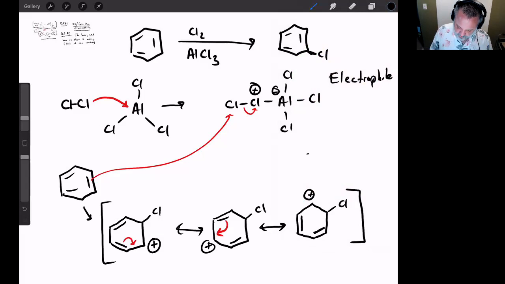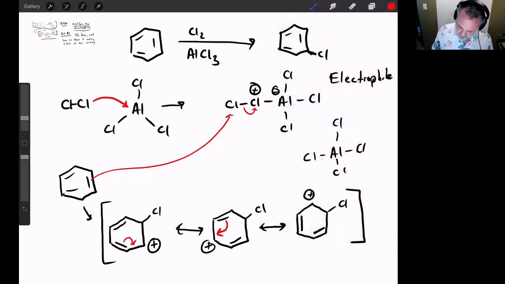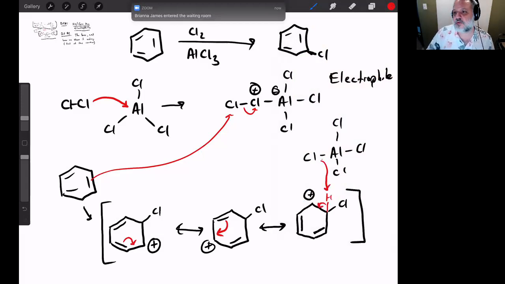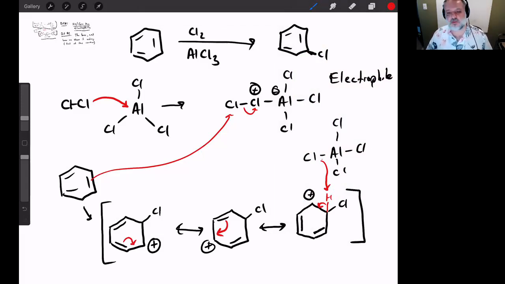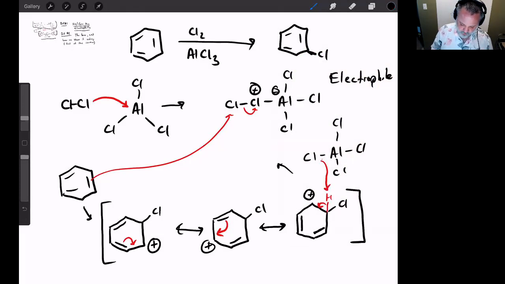And it finishes off similarly. The electrons in one of these bonds acts as the base, and that reforms the aromaticity. And then that forms our final product.